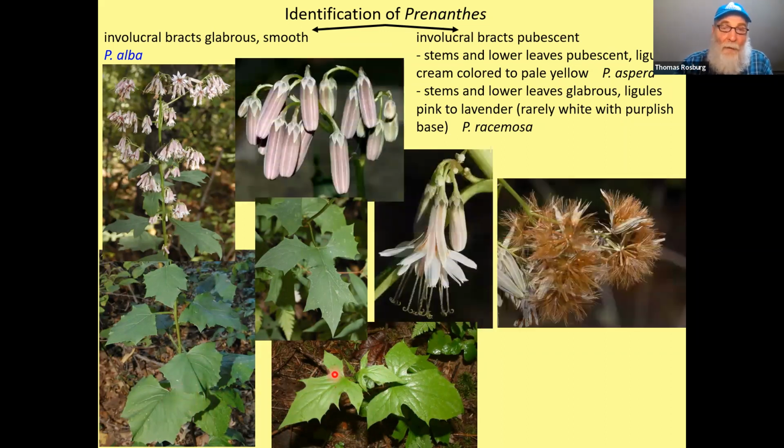Here again are the heads, and you can see the involucral bracts here, very smooth, no pubescence whatsoever. Again, that single long row of bracts, which is again characteristic of Prenanthes. Alba has very reddish brown pappus. That's what we're seeing here.